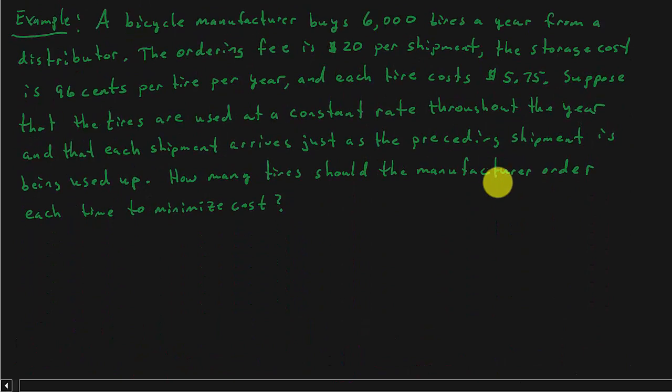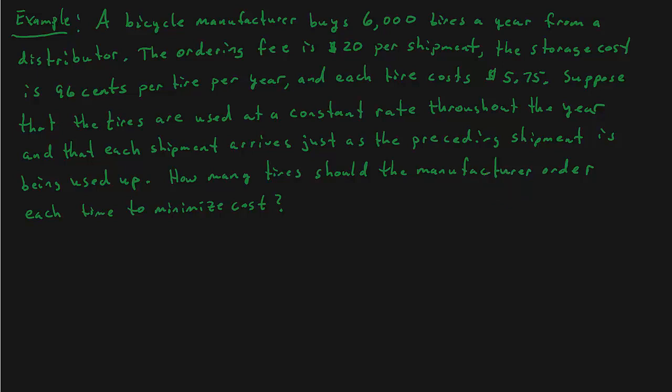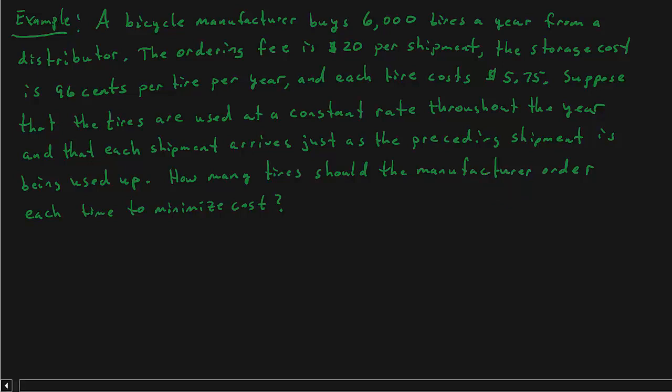Last problem. All right. This one's kind of, not really complicated, but it is a little bit. All right, it says a bicycle manufacturer buys 6,000 tires a year from a distributor. The ordering fee is $20 per shipment.